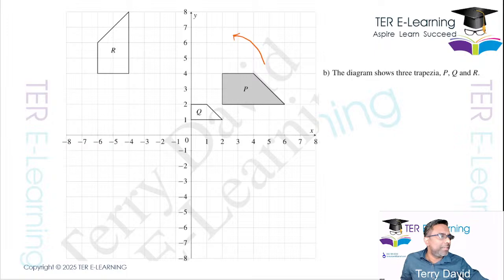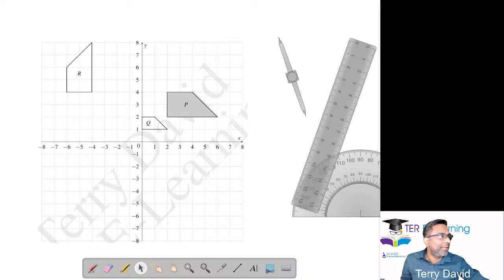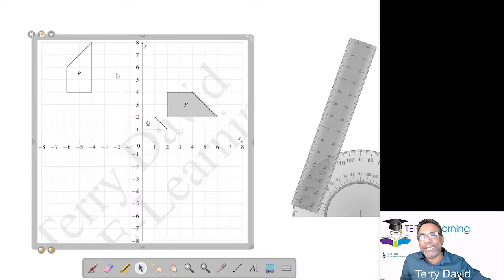Let's turn this on. Right. So I hope you all see my screen here, right? Now, some people tend to guess or assume that the center of rotation is always the origin, right? There are some questions where it is, but let's see.